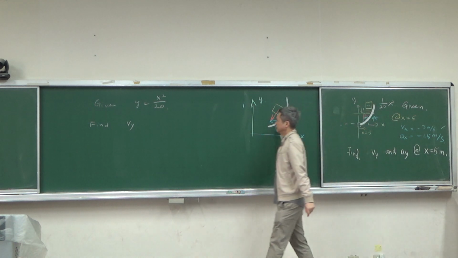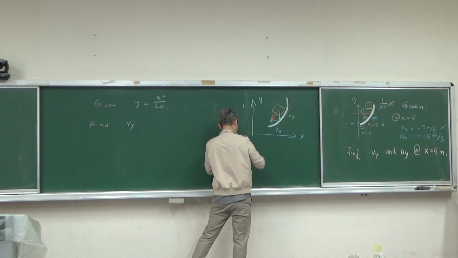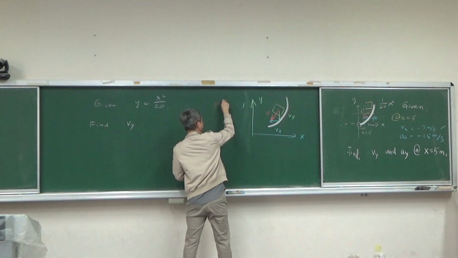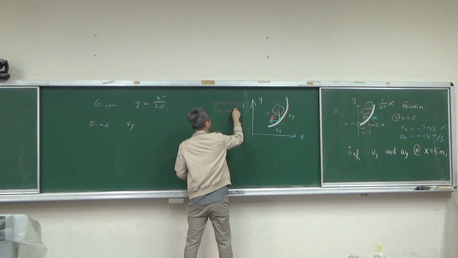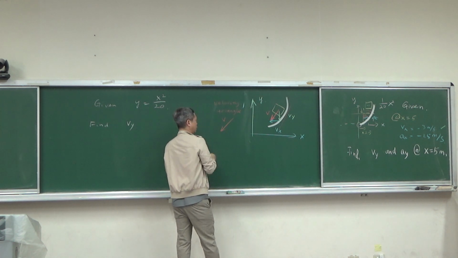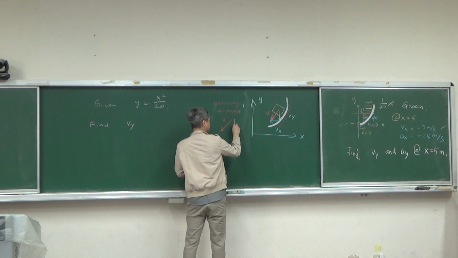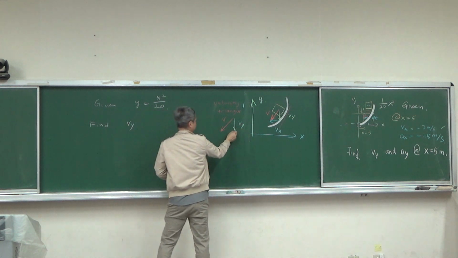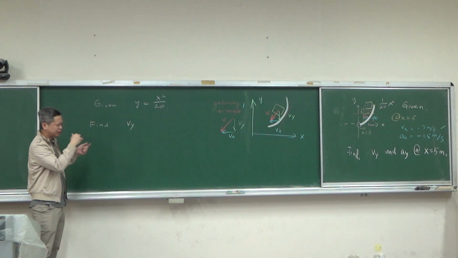This is how you construct this velocity triangle. Remember, velocity triangle. You're resolving the tangential velocity into Vy and Vx.